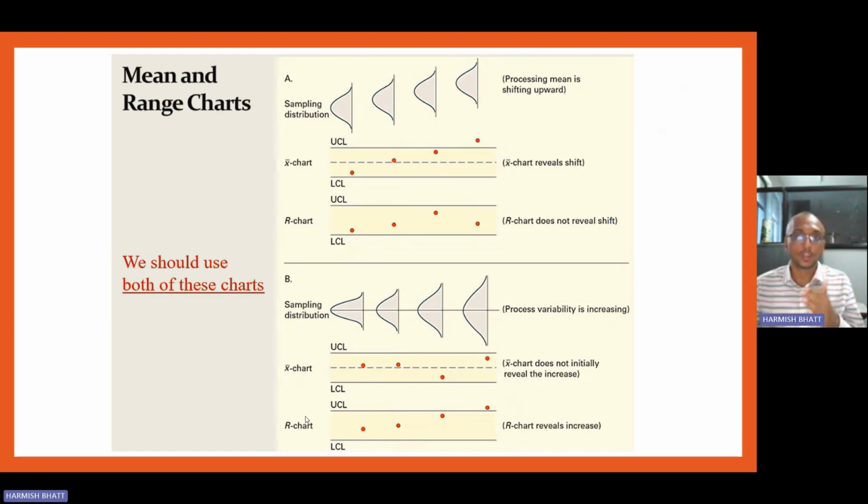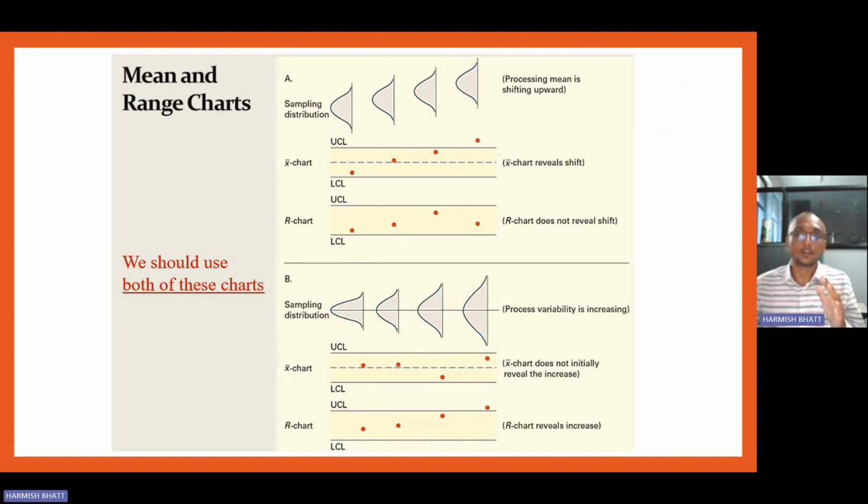Okay, so same way as the previous case, both of the charts, X bar and R chart, are suggesting the opposite results. It means that if you are going through only one of the charts out of these two, then you will not be able to make the correct decision.